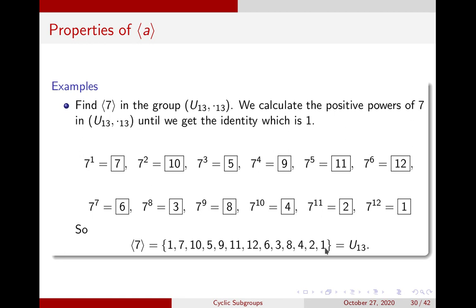This 1 here on the end I didn't have to list, since I have 1 listed at the beginning. And this is all of U13. So it is possible for an element of a group to generate the entire group, as happens in this case.